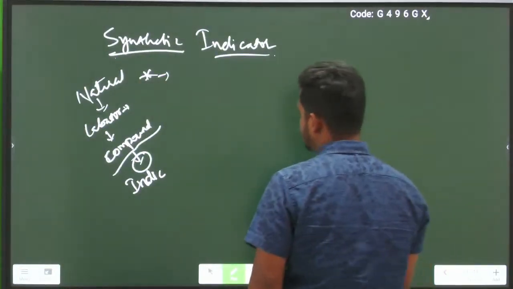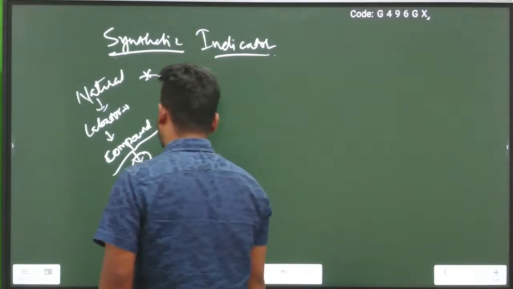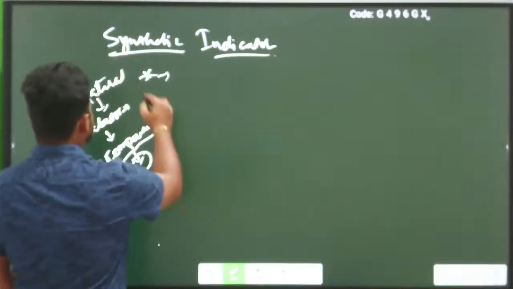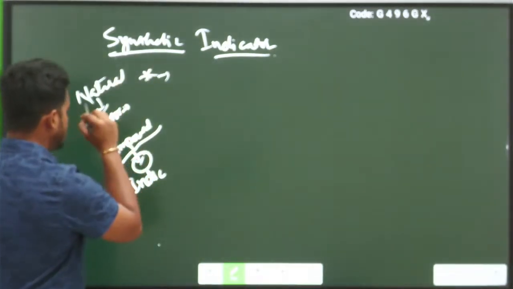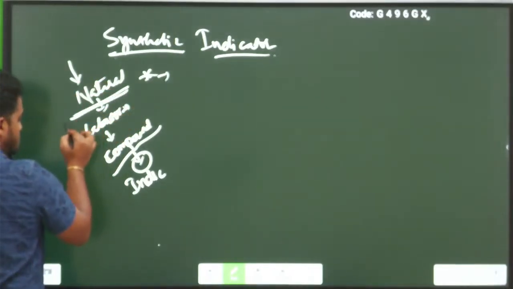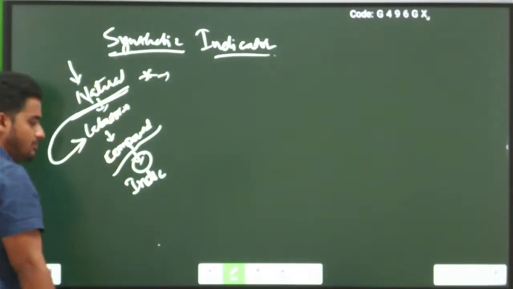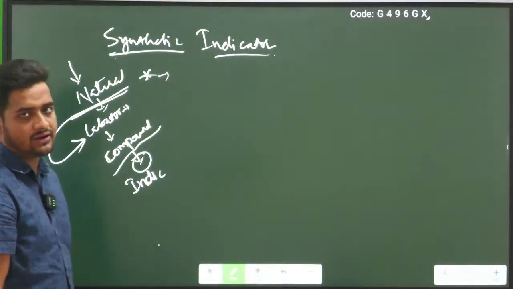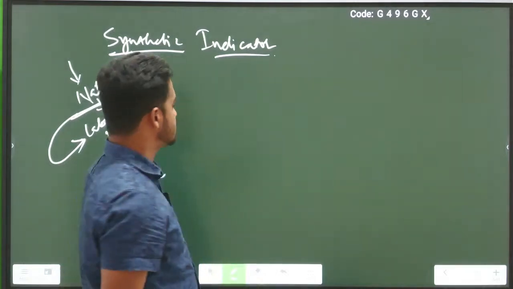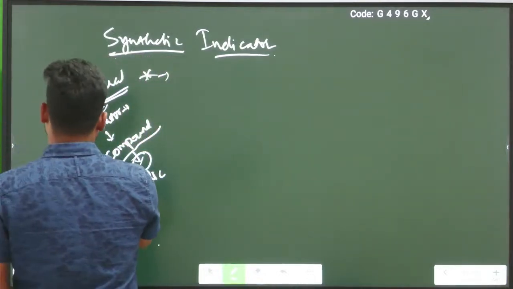Okay. Then next, after this we are going to discuss what are synthetic indicators. Yes or no? Next we are discussing these synthetic indicators. Synthetic indicators means generally we get indicators from nature, but these natural products we react in chemical laboratories. In chemical laboratories we make these synthetic indicators.